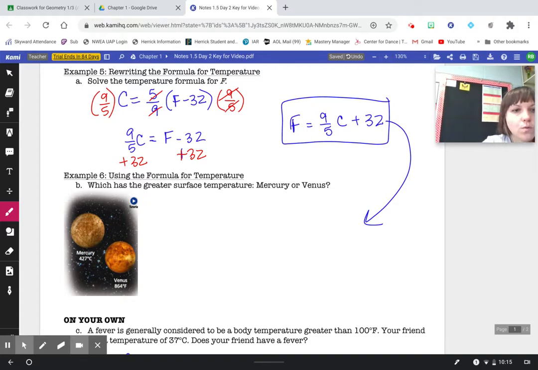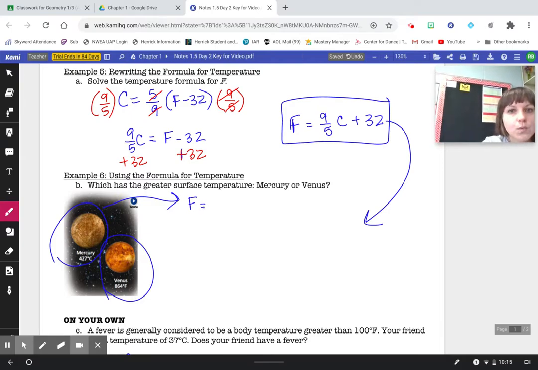So right now, we see that Mercury has a temperature of 427 degrees Celsius. Venus has a temperature of 864 degrees Fahrenheit. We cannot compare apples to oranges, so we have to convert them either both to Celsius or both to Fahrenheit. And I'm going to convert Mercury to Fahrenheit since I just solved for Fahrenheit.